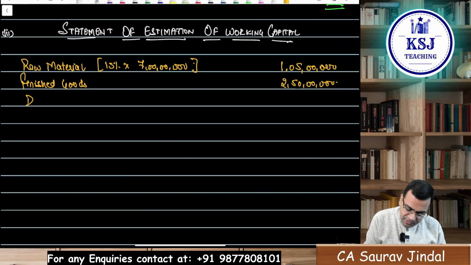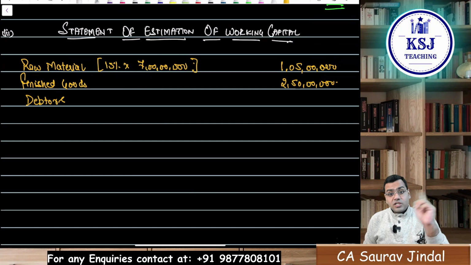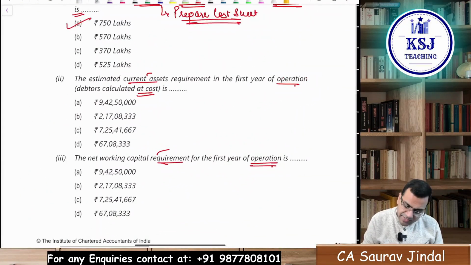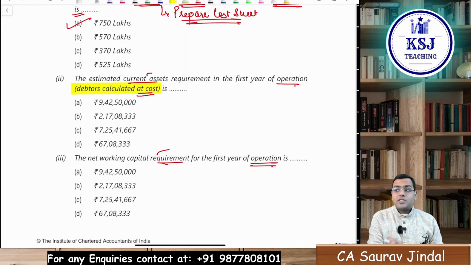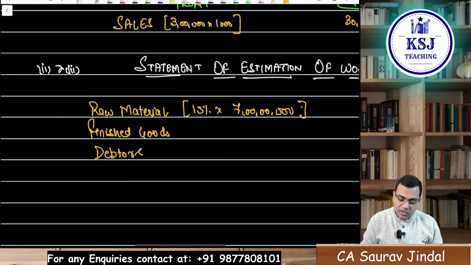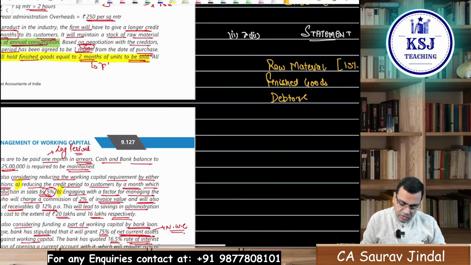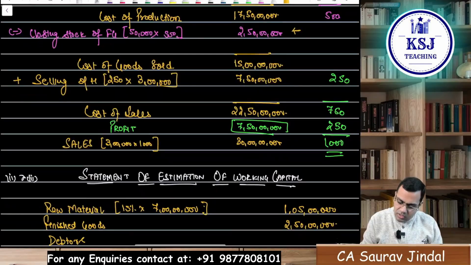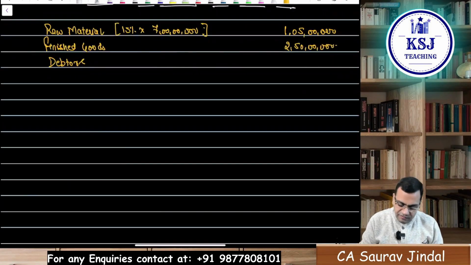Next I have is debtors. Now see, debtors can be calculated either on cost of sales or on the sales. Read here what is given. Debtors calculated at cost. Clearly mentioned in the question that it has to be calculated at cost. And to the debtors, what is the period that you are giving? 3 months is the period, and your cost of sales is 22 crore 50 lakhs.